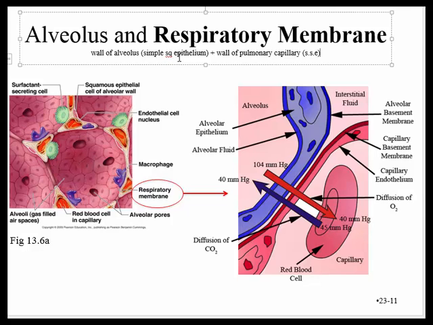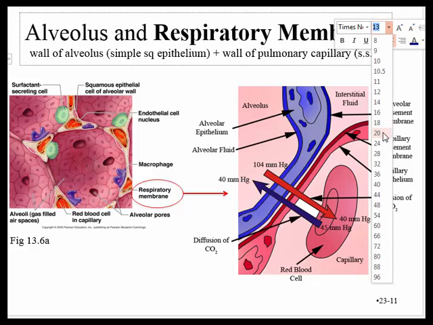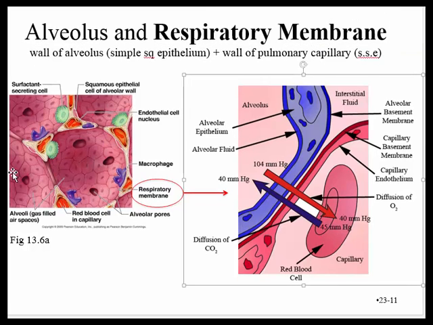Really good at diffusion, only one layer of cells, right, if it is simple squamous, which is great for what we need it for. If we look back at the alveolus on the left side here that I'm circling, again, picture an alveolus like a soccer ball. And each one of the little hexagons on a soccer ball represents one simple squamous cell. So if you kind of picture that in your mind, that's kind of what we're looking at here.